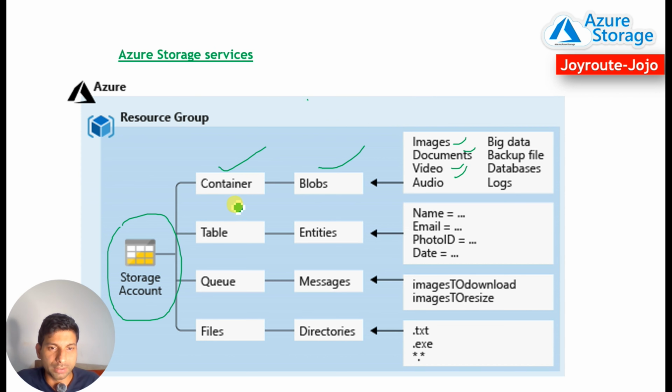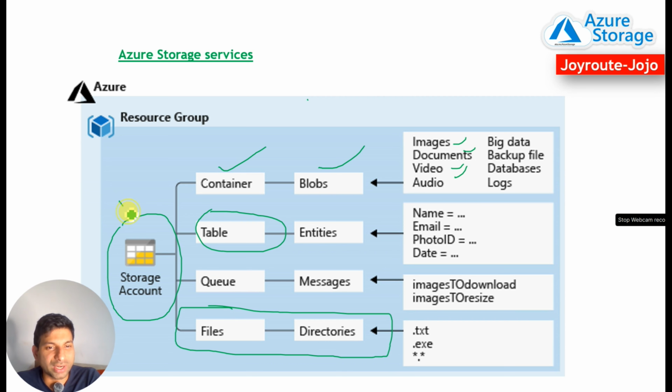The second is table, which is a more structured way, like name equals this, email address is this, similar to how you write a database query, but something different. Then queue, and files, which are like directories in a virtual machine, as we have on a disk in a machine. The first thing is creating a storage account in the Azure portal.